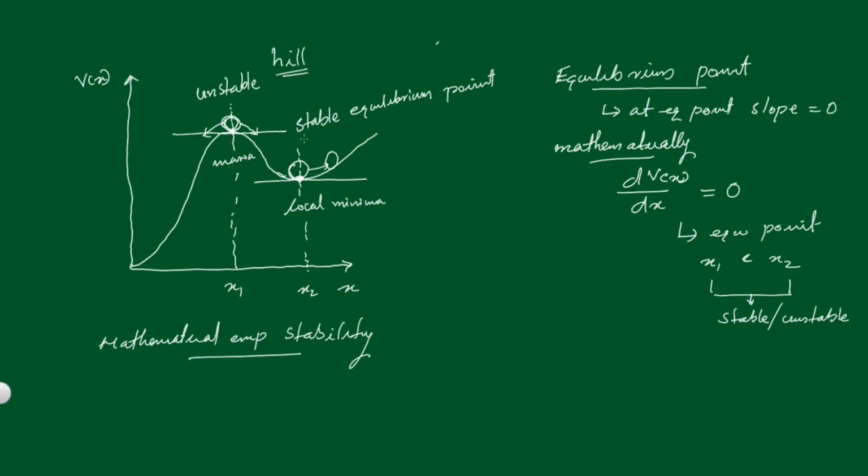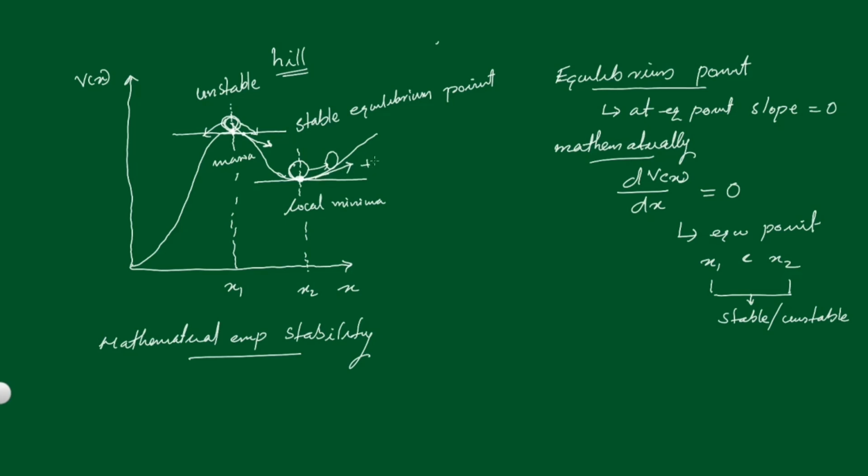Here you see this is an unstable equilibrium point, and if you move from this unstable equilibrium point to somewhere, then the slope will be like this. So it is going downwards. And if you move from a stable equilibrium point in the positive x direction, the slope will be positive.